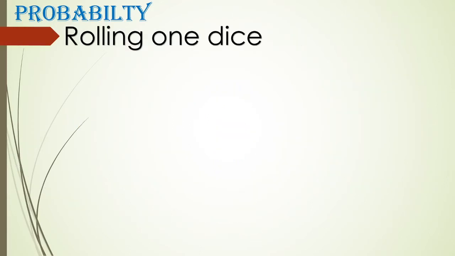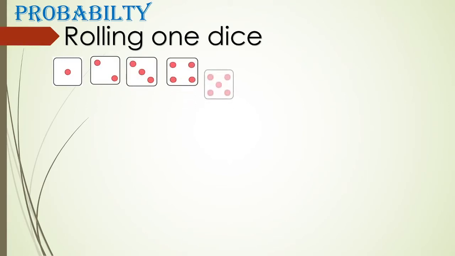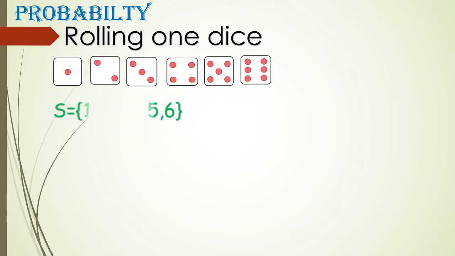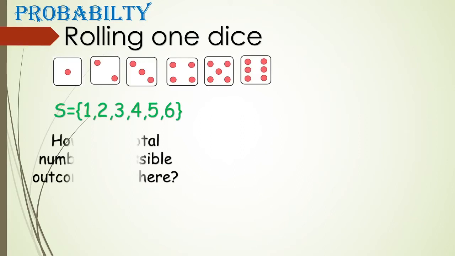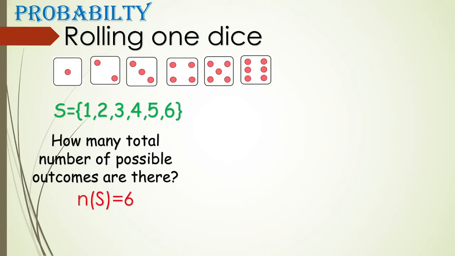Okay, this time, let's have rolling 1 dice. These are the outcomes: 1, 2, 3, 4, 5, 6. This is now the sample space. How many total possible outcomes are there? There are 6 possible outcomes.